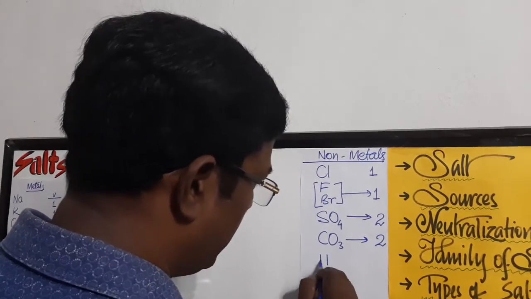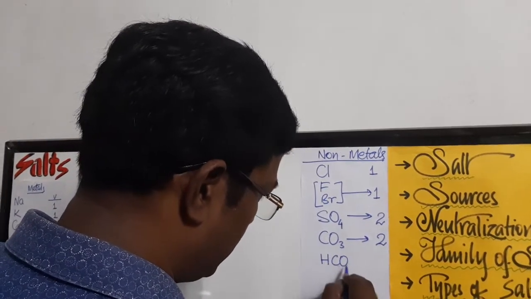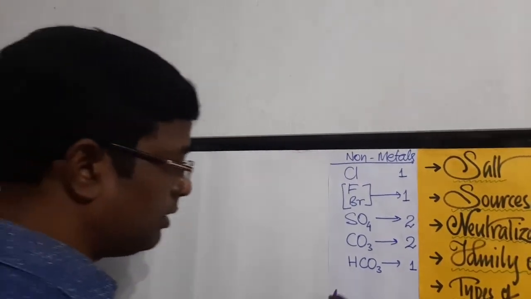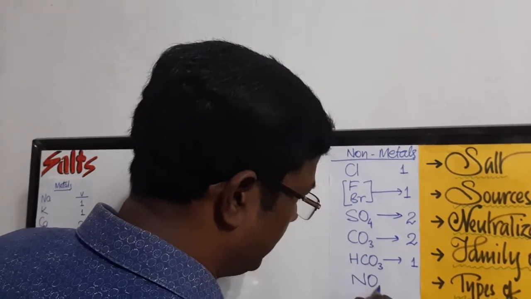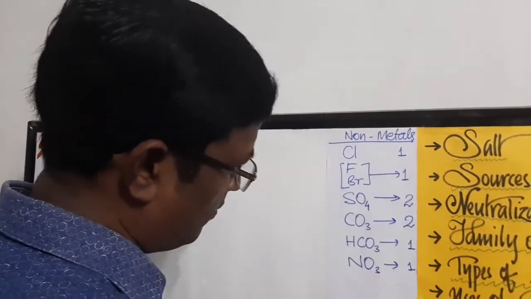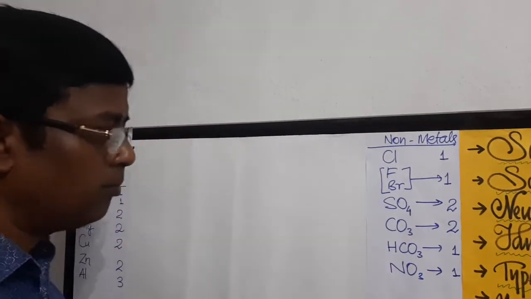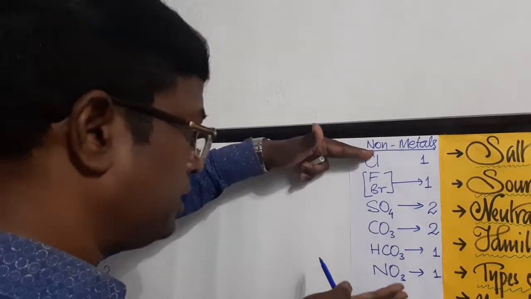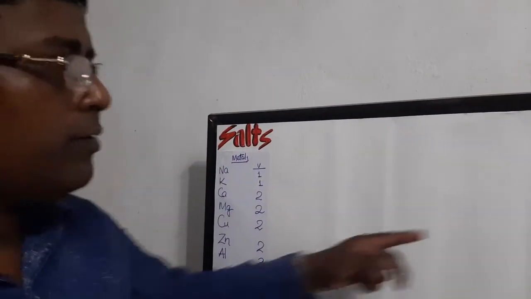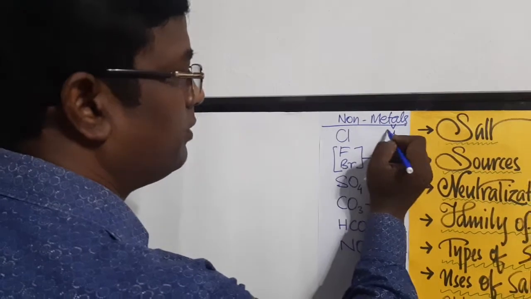We have hydrogen carbonate, the valency is 1 here. Nitrate ion, NO3, valency is also 1. We can proceed further, but we'll limit ourselves to these anions. These are negatively charged ions and these are positively charged ions. These are the valencies I have listed here.